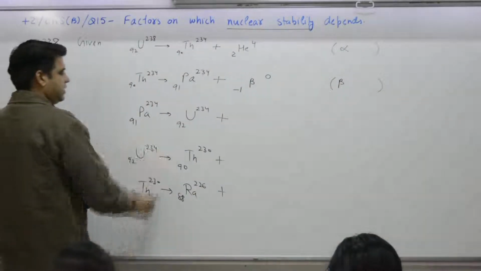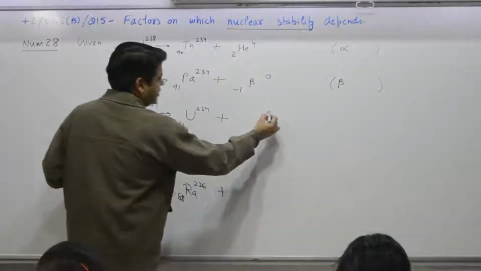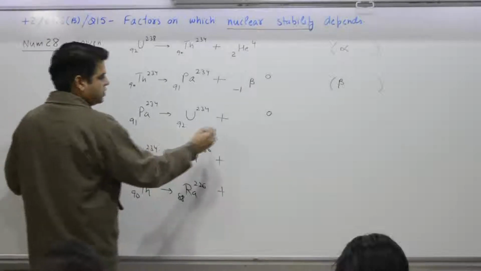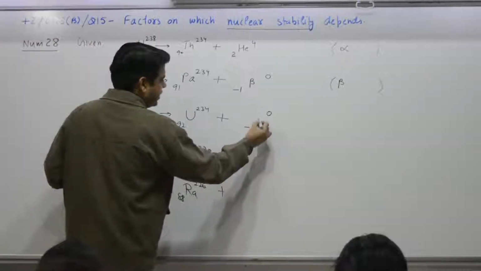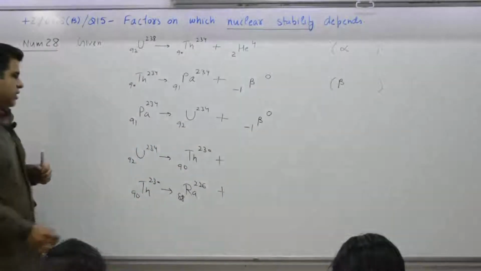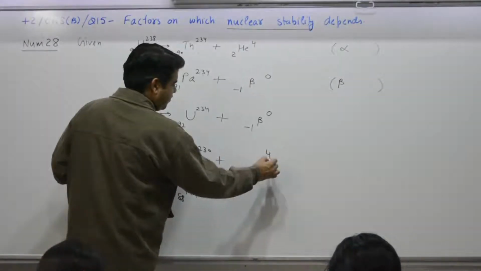We refer to this then. 234, number of nucleons same. This is 91, this is 92. What should we have here? Minus 1. 92 minus 1 is 91. Here it is 234, this is 230, so 4.